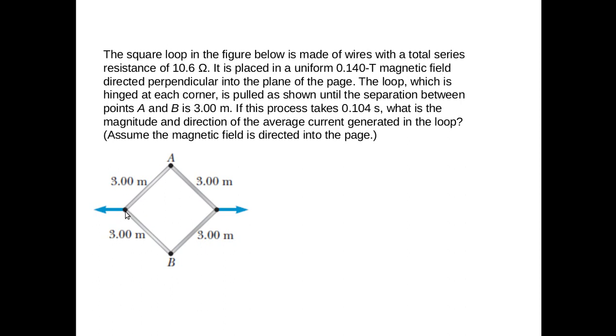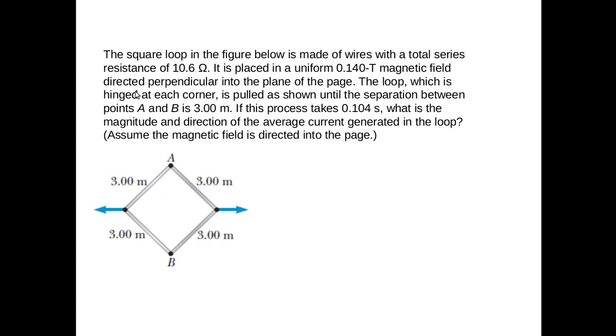The loop is pulled at these two corners. So what's going to happen is it's going to turn from a square, and then it's going to become a quadrilateral, like a rhombus. A rhombus has all four congruent sides. So it's going to become a rhombus, so that means the area is going to change.